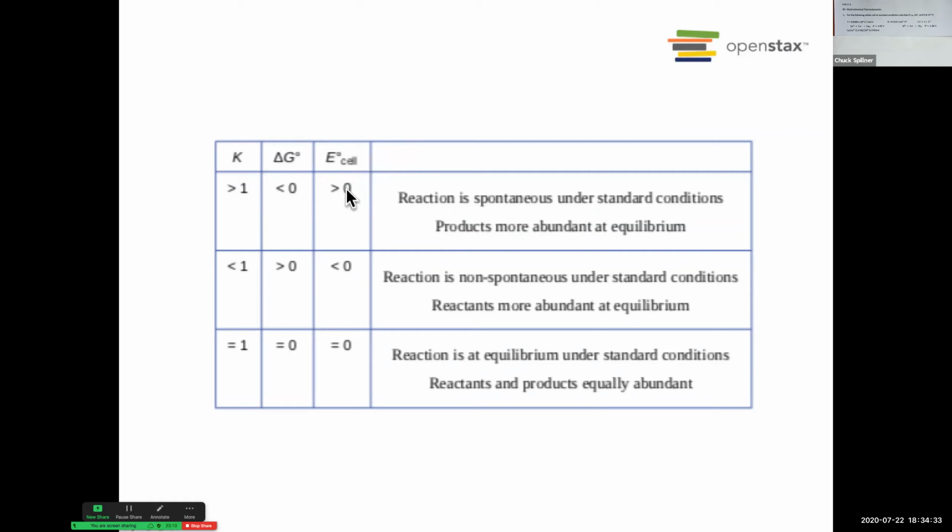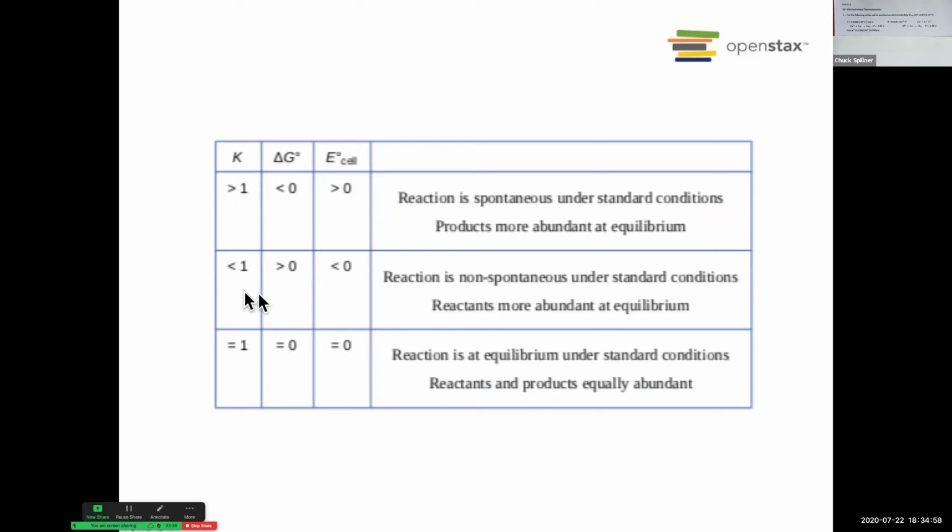I think previously I said the cell potential has to be greater than 1. I was wrong. The cell potential has to be greater than 0, positive. There are lots of cell potentials that aren't greater than 1, but still represent spontaneous reactions. So the cell potential has to be greater than 0, the free energy has to be less than 0, and the equilibrium constant has to be greater than 1.